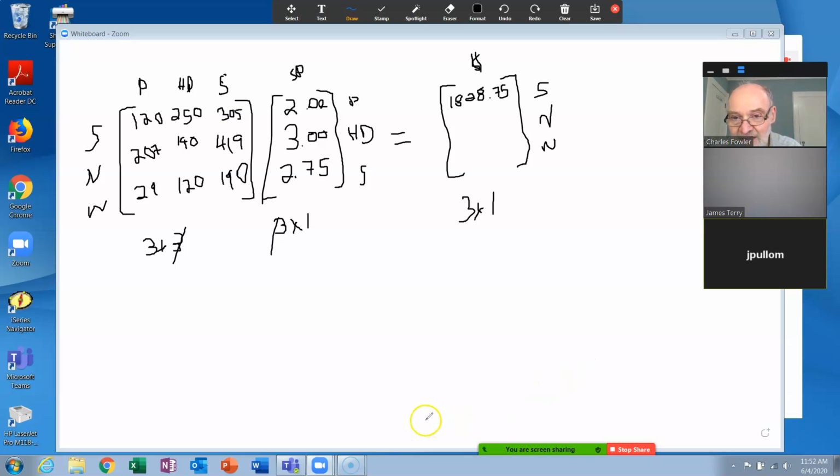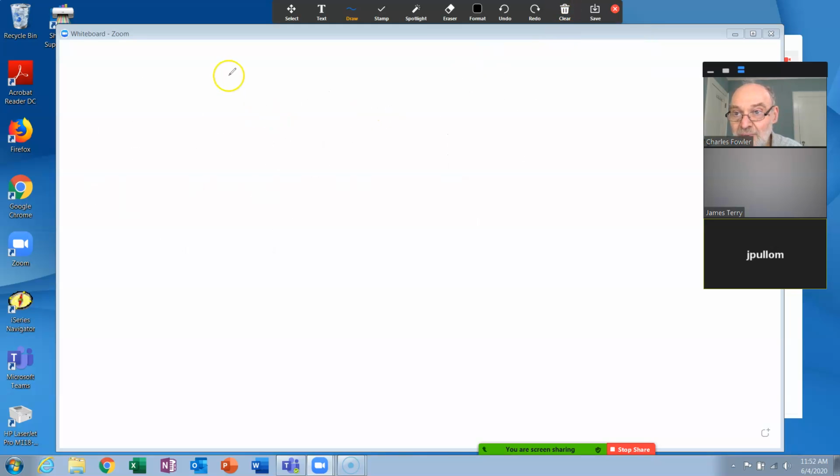So here we have A. I may just erase what I've got so far because I don't want to crowd the page too much. So here's what I've got. Here's matrix A. Capital letter A stands for a matrix, and that can be represented this way: a representative element, little a, with subscripts i, j.